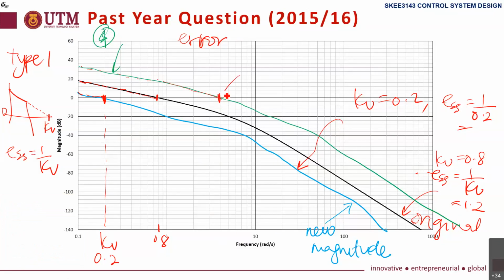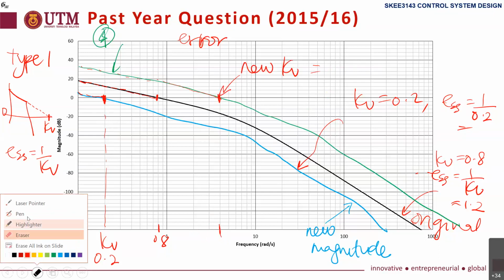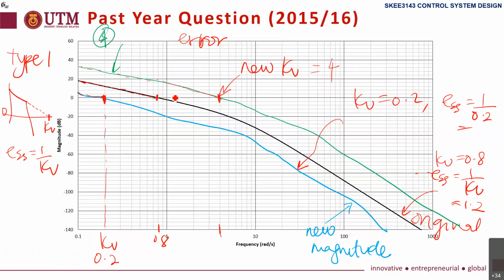This is the new kV, which is now about 1.234. kV equal to 4. This is just an example. Maybe not correct when compared to question number 4. I just make it to show that when we increase, then we can get new kV. Then error will be 1 over 4, 0.25. Then we reduce the error.